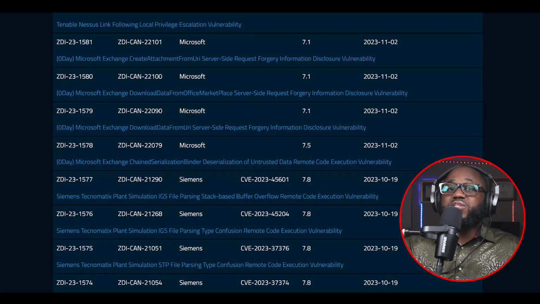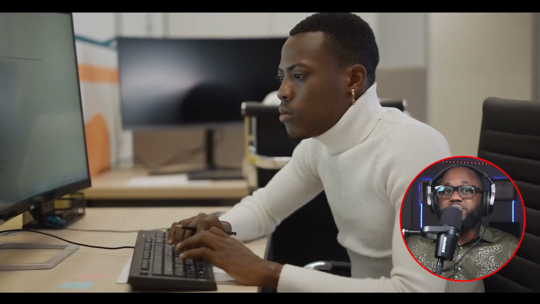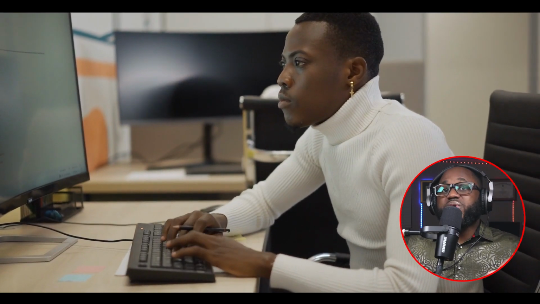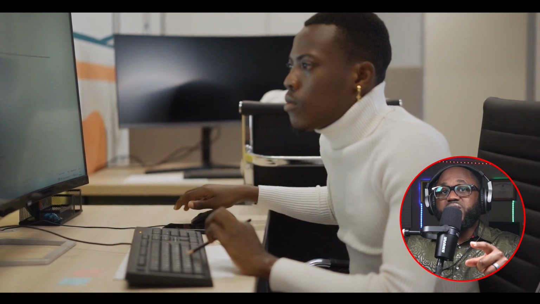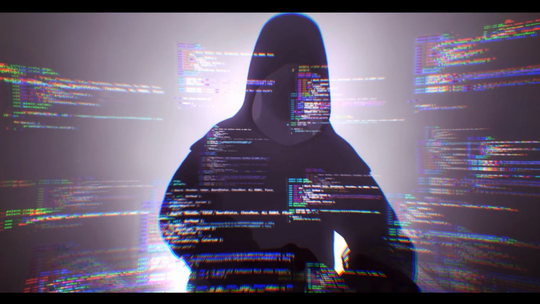Further, Microsoft provided more on the flaws we just talked about, and I'm going to go over them right now. For the ZDI-23-1578, customers who have applied the August security updates are already protected. For the ZDI-23-1581, the technique described requires an attacker to have prior access to email credentials, and no evidence was presented that it can be leveraged to gain elevation of privilege.